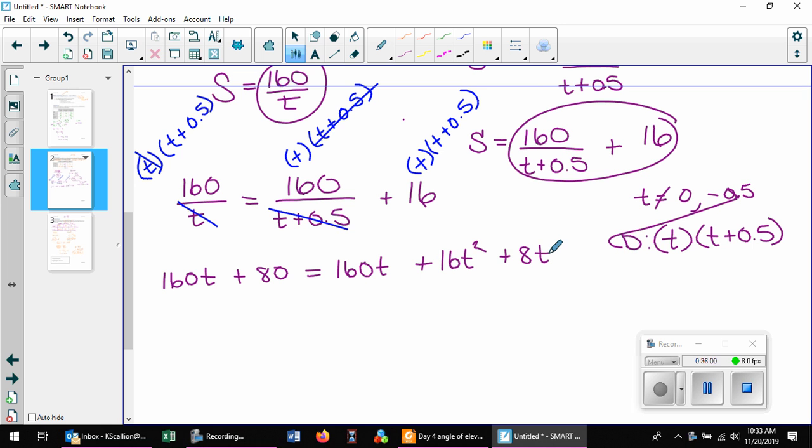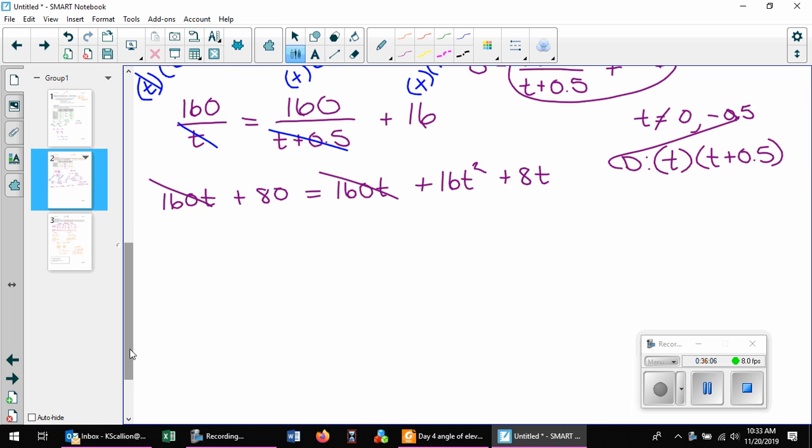Okay. I'm going to take out those 160s. This seems vaguely familiar. Do you guys feel like we've been down this road a couple of times? So 0 on this side, 16T squared plus 8T minus 80. This is still going to work right now.